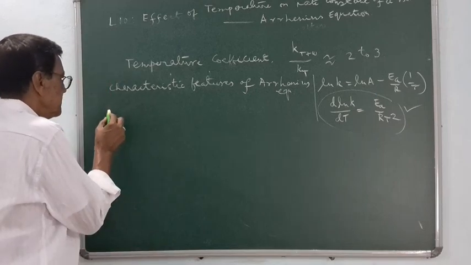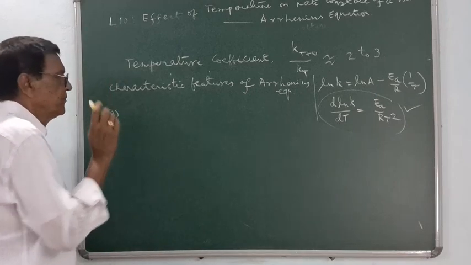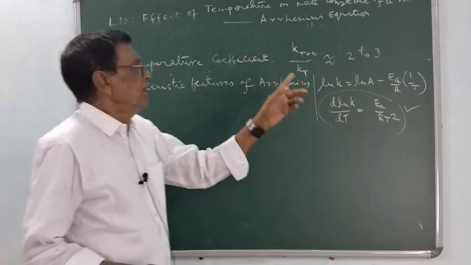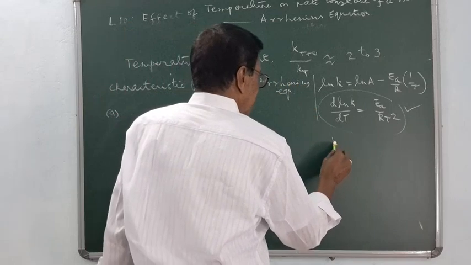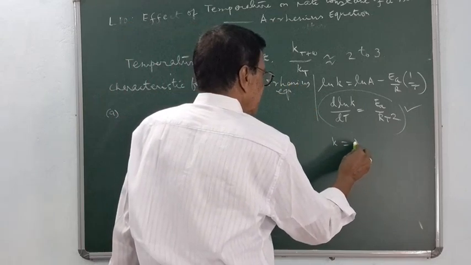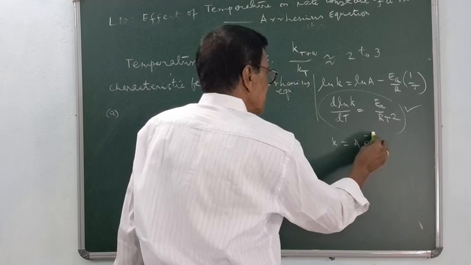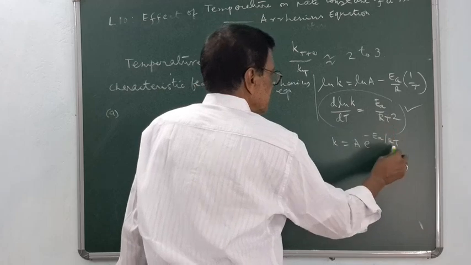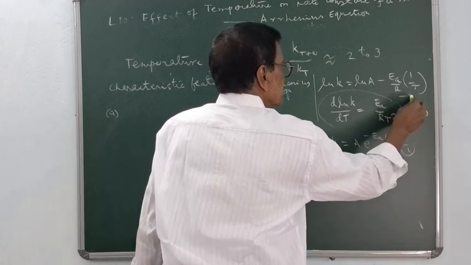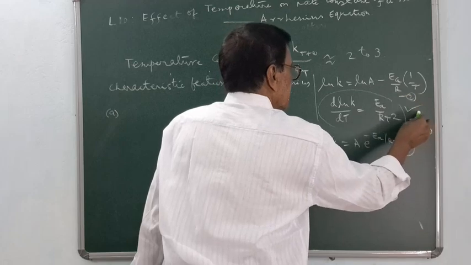So suppose we have the other equation k equal to A into e to the power minus EA by RT. This is equation number 1, this is 2 and this is 3.